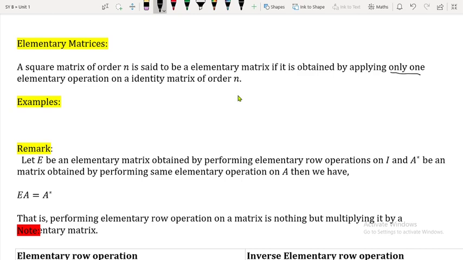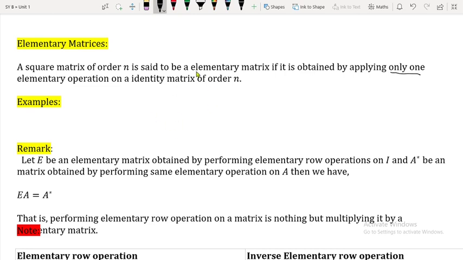What are they? Interchanging two rows, multiplying a row by a non-zero scalar, and the last one is Ri plus k times Rj type, that is multiplying a row by a non-zero scalar and adding it to some other row. So these three types of elementary row operations we have already studied.